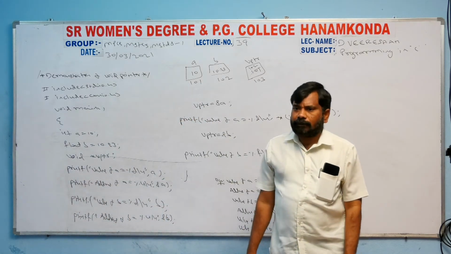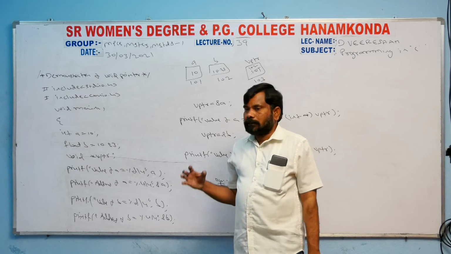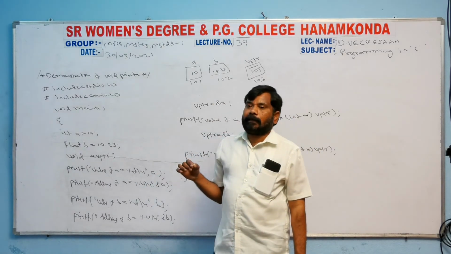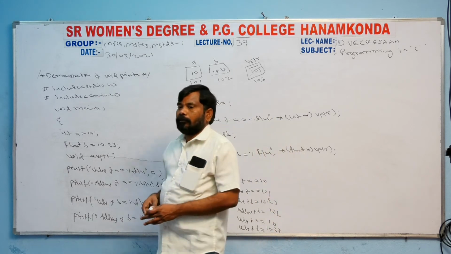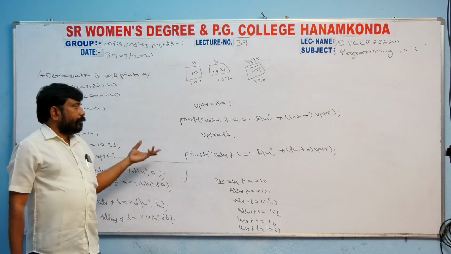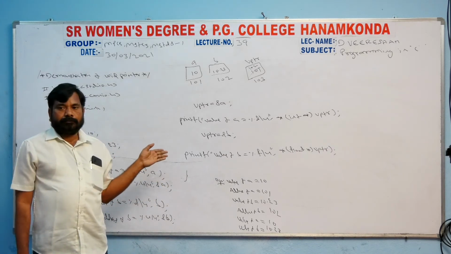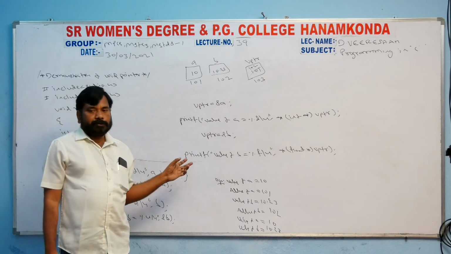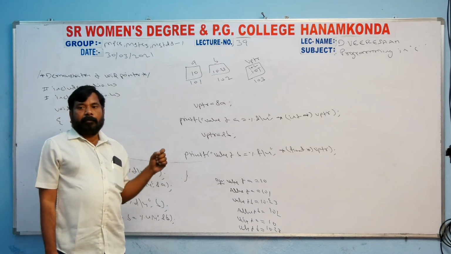What is the main concept of void pointers? In general, whatever data type you declare, only that type of address can be stored. An integer pointer means an integer variable's address can be stored. Float means a float's address can be stored.